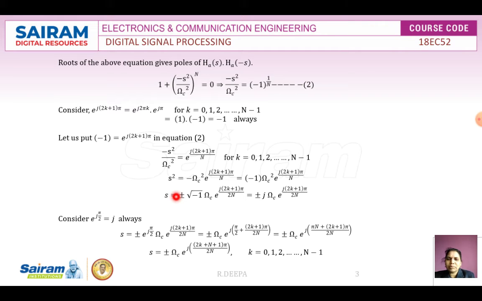After solving this equation, we are getting the s value as plus or minus jωc e power of j(2k+1)π divided by 2n. We know that e power of jπ/2 is equal to j, so let us substitute here and simplify. We are getting s as plus or minus ωc into e power of j(2k+n+1)π divided by 2n, where k ranges from 0, 1, 2, 3 up to n minus 1.